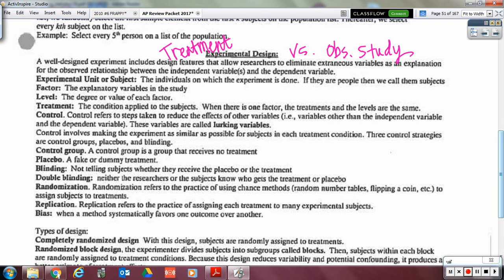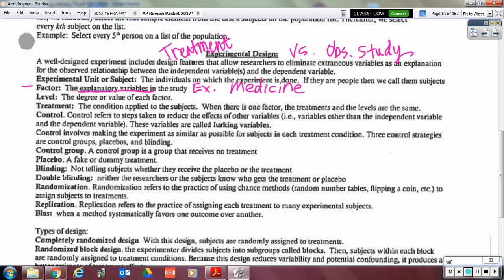Next, experimental units are the subjects or the people or whatever in the experiment. Let's talk about factors. The factors are those explanatory variables, those things such as your medicine that you take. That is your factor, the explanatory variable that you're testing out in your experiment.